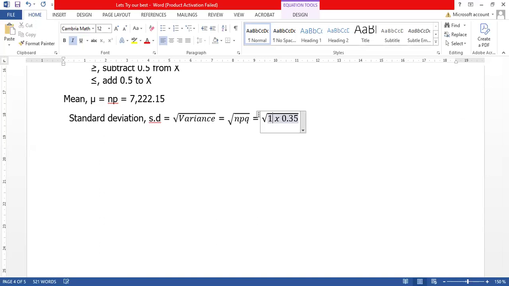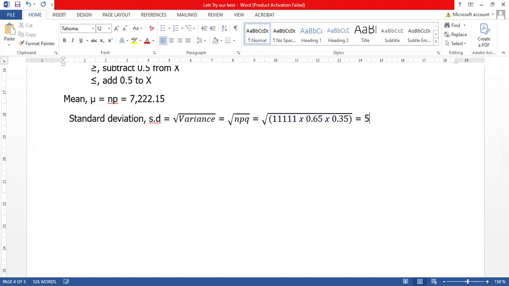What was our N? 1, 1, 1, 1, 1 times what was our P? 0.65. What do you get on your calculator? 50.62768. That is the square root? Yes. Let me first also do.